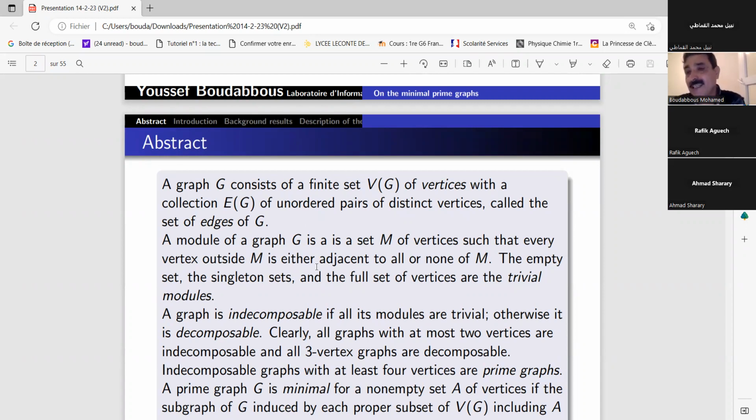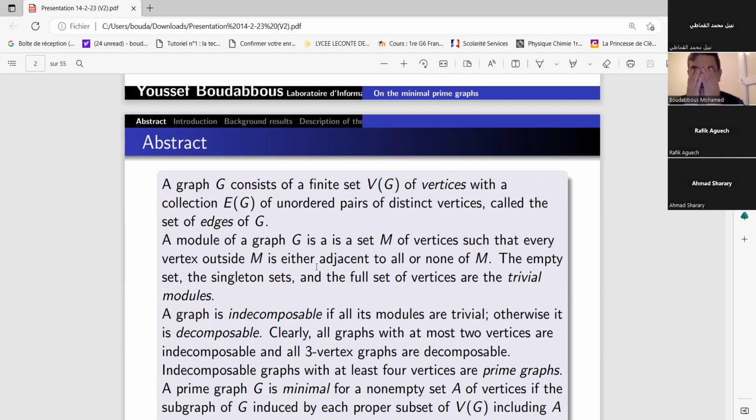A module in a graph is a vertex subset such that every vertex outside is adjacent to all or to none. Thus, it is indistinguishable by any vertex outside. For this notion of module there are many terminologies. It is also called an interval of the graph, or clan of the graph, or homogeneous set.